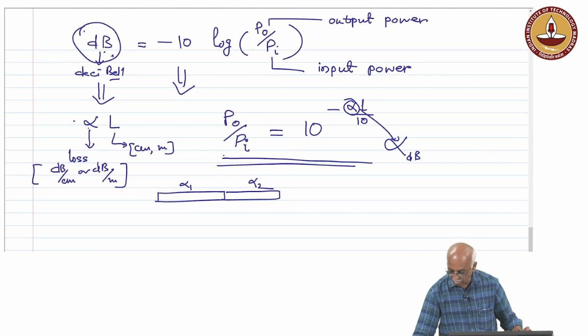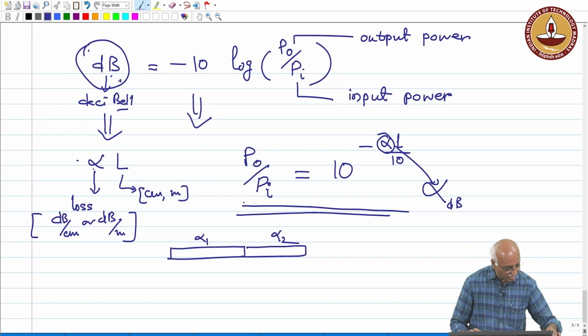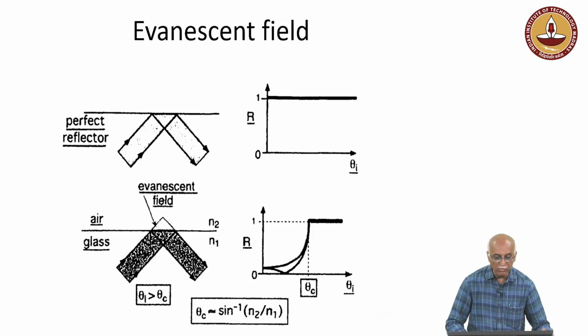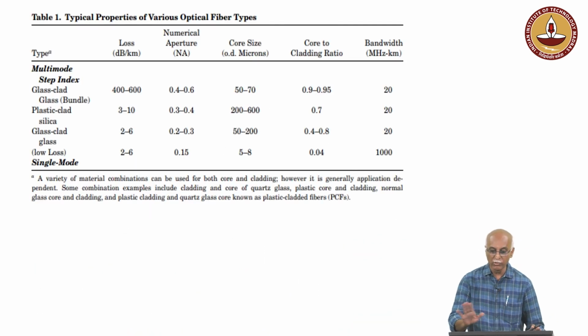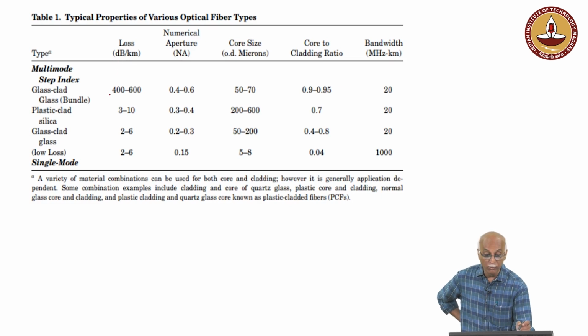Now, just to describe this one more, to give you an idea about losses: if I am using multimode fiber, the losses in decibel per kilometer are high; in single mode fiber the losses are less.